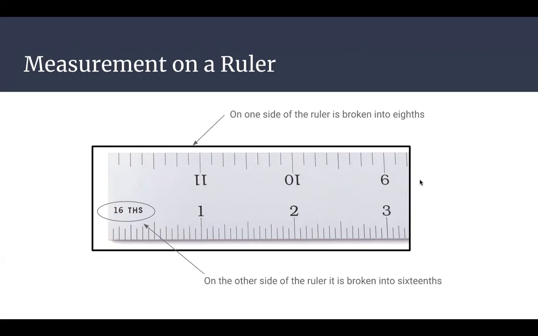The squares that you're going to use, however, have their measurements broken down into 8ths. That means there are 8 lines between the whole inches.